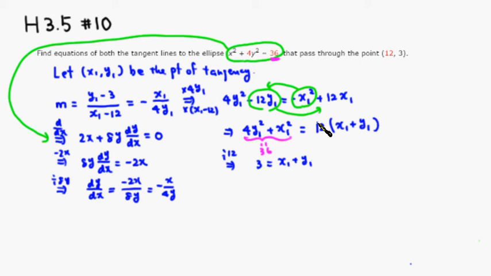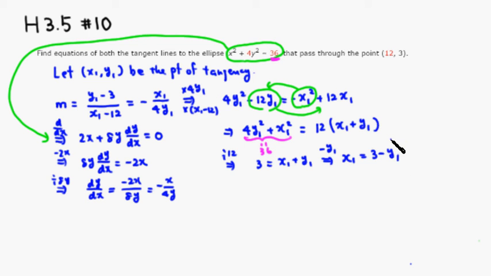Then we can put that right back into the ellipse equation so that we can find x1 and y1. So I'm going to solve for x1: subtract y1, so x1 is equal to 3 minus y1.